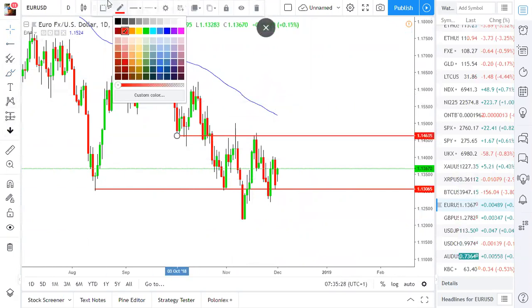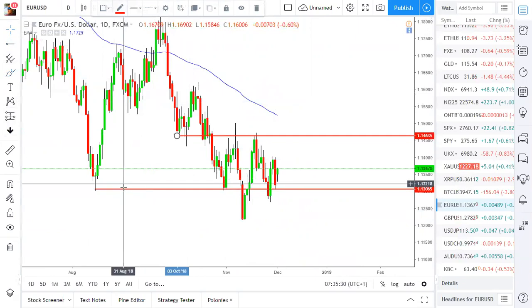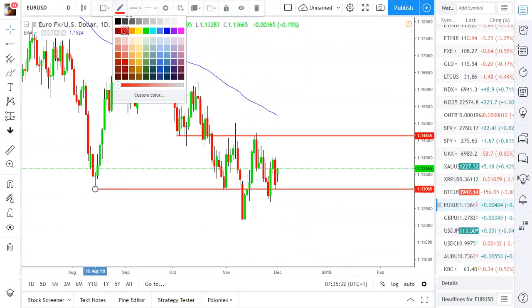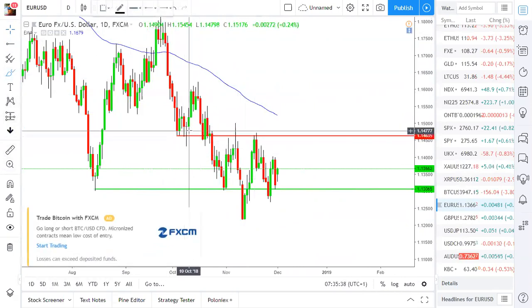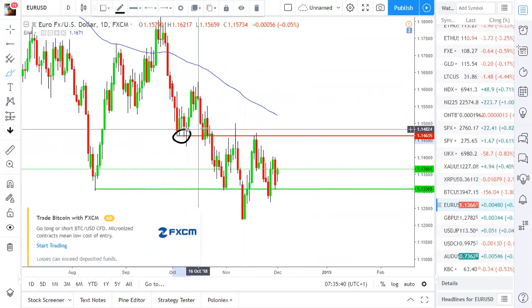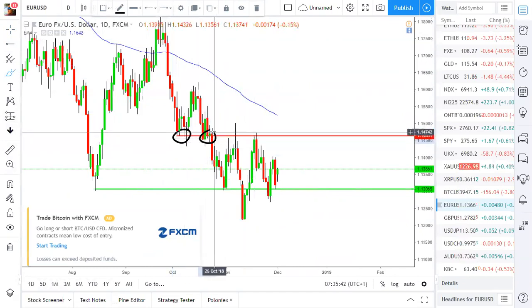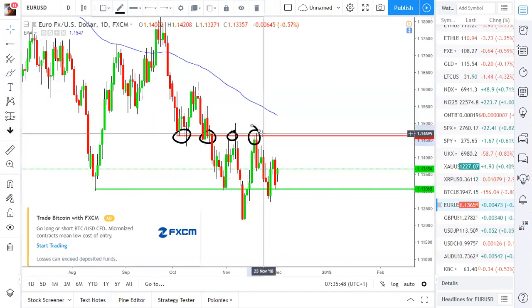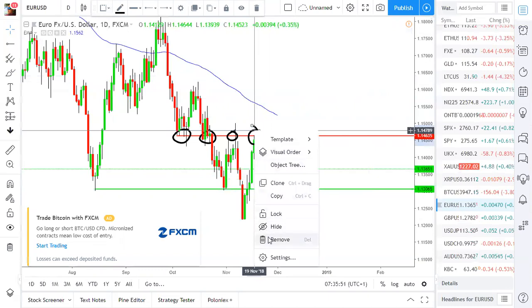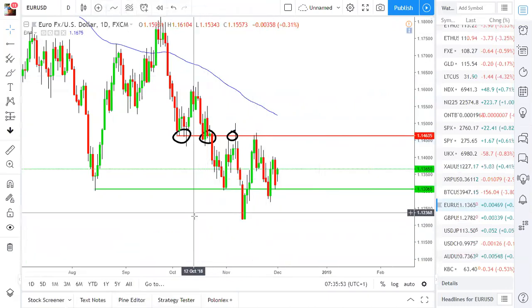Let's make that red and let's make this green for support. If you look here, the market tested this level as support, became resistance, resistance, resistance. So that would be a very strong level in the market that I'll be paying attention to.